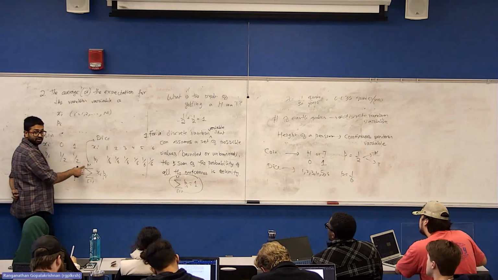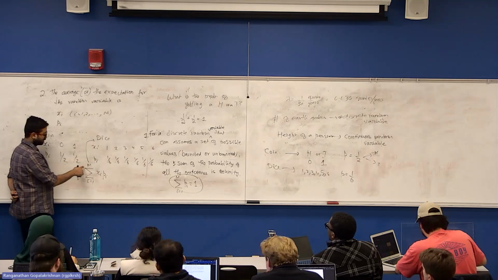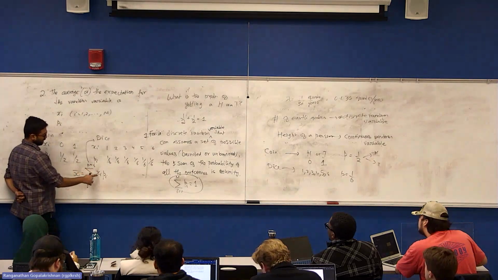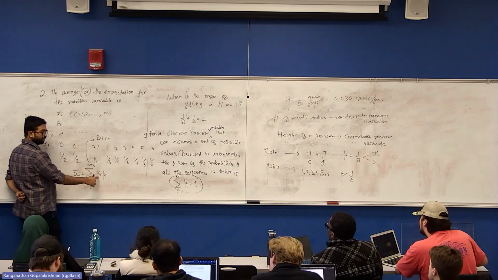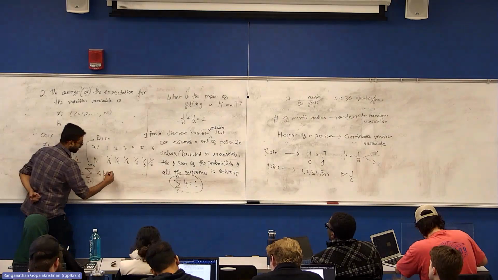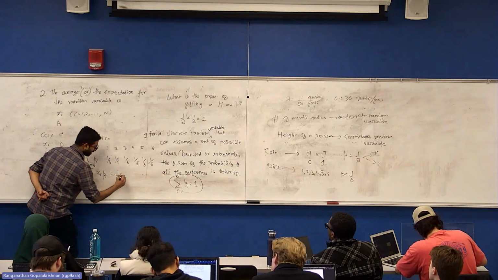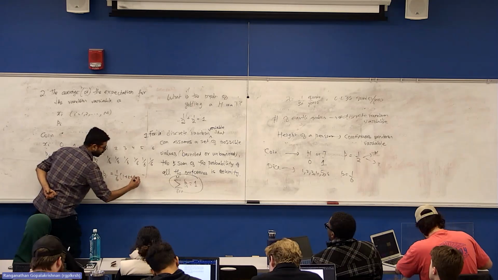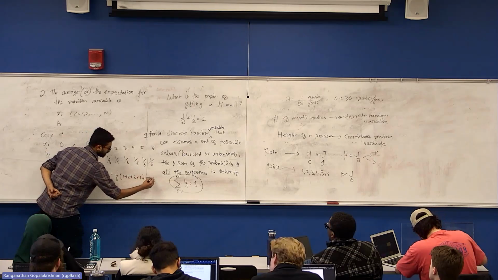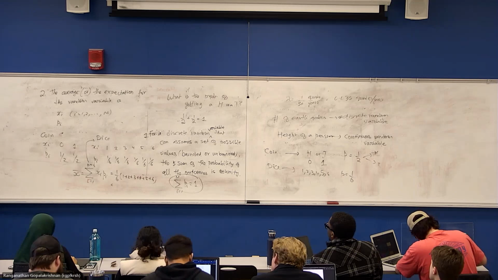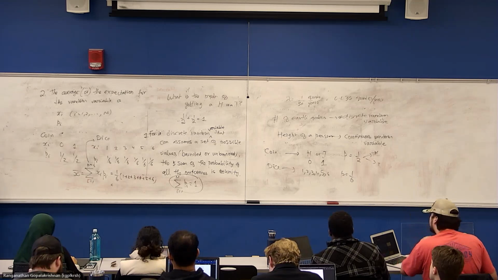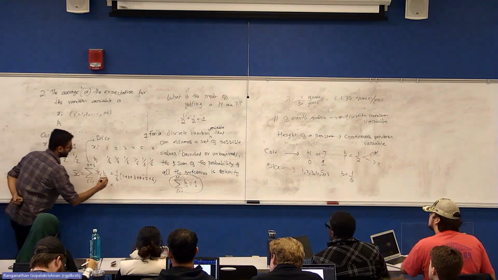How many outcomes? 6 outcomes. Each value has a probability of 1/6, so it's almost constant for everything. And then you write 1 over 6 times 1 plus 2 plus 3 plus 4 plus 5 plus 6. How much is this? 3.5. Thank you.